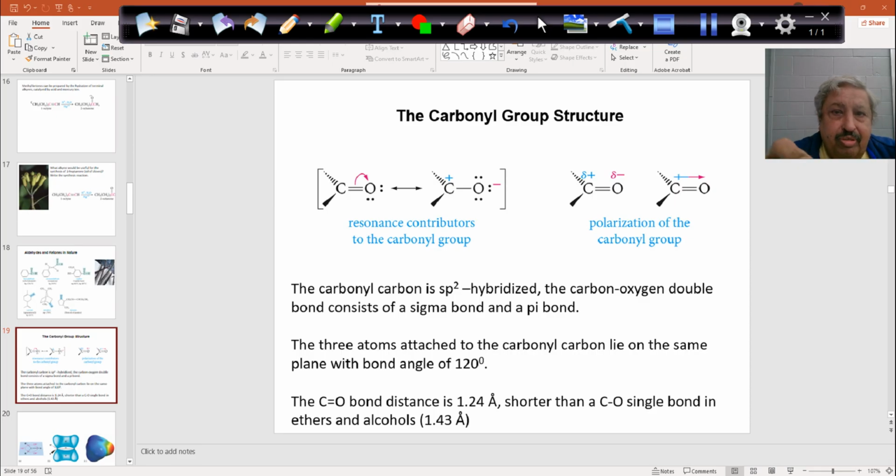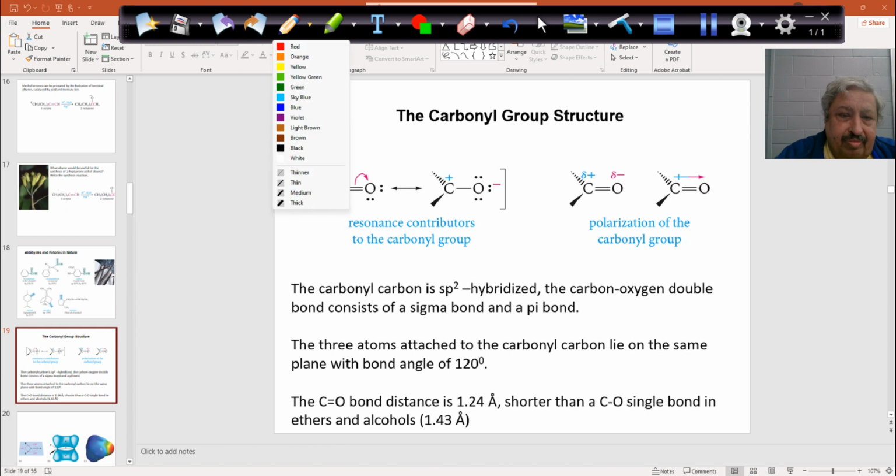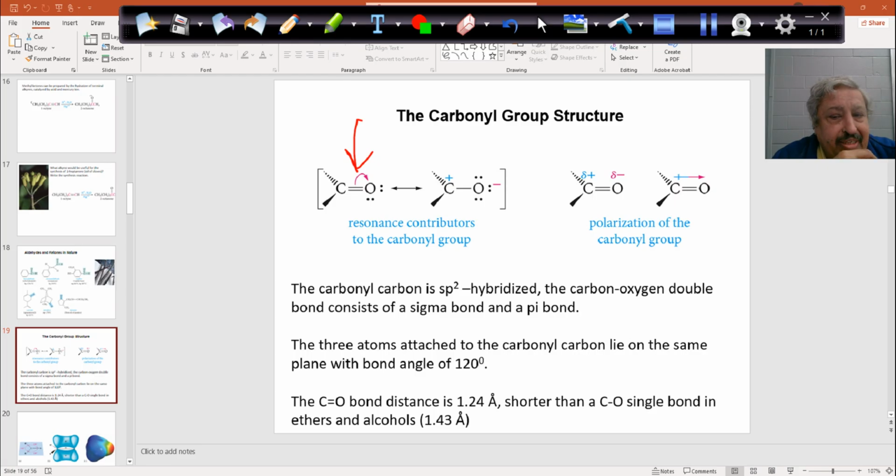So the carbonyl group can have this general structure, but it can also have a polarized structure. Polarized means plus and minus, partially positive and partially negative, with delta.